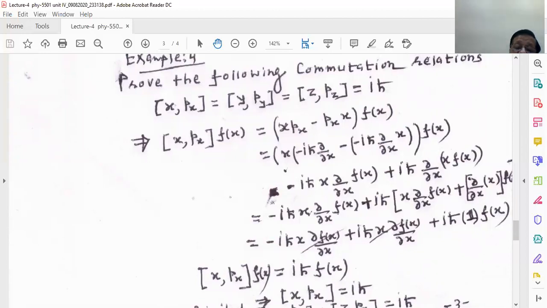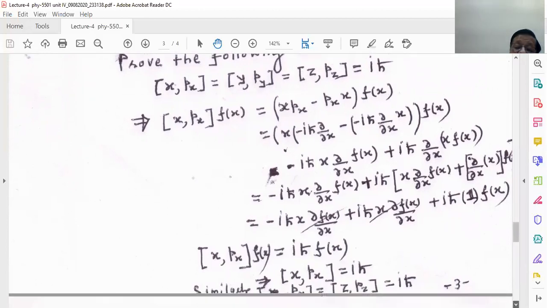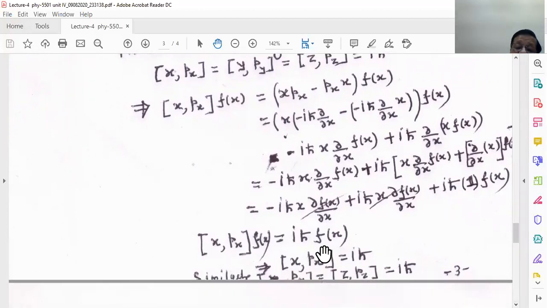Now you see f of x on both sides, so you can eliminate this f of x, right? This is also the commutator of x, px operating on f of x, equal to iħ f of x. So you can eliminate f of x from both sides, and this is simply the commutator of x, px, which is always iħ.